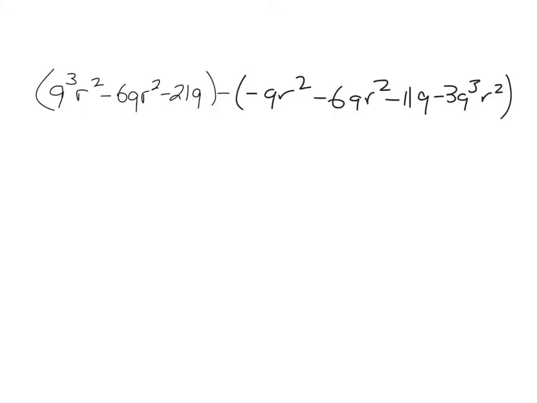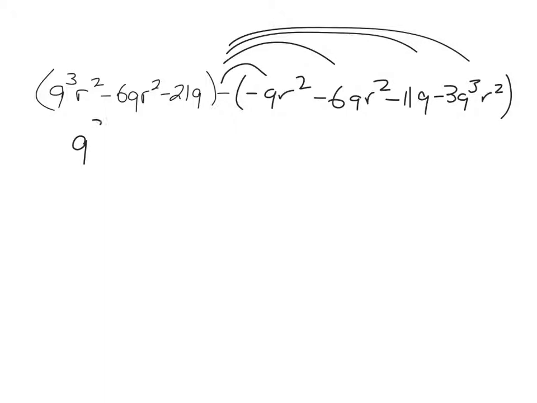I want to do one more with you, another subtraction problem. So again, we would distribute that negative to each of the terms in that polynomial. The first one would remain the same. So this would still be q to the third r squared minus 6qr squared minus 21q. Then we have negative 1 times negative qr squared, which would change that to a positive qr squared.